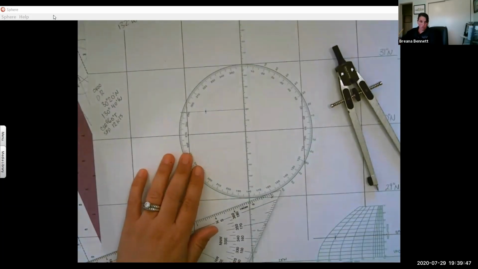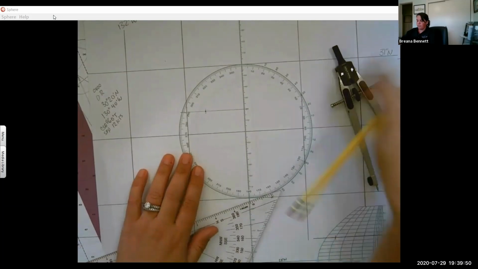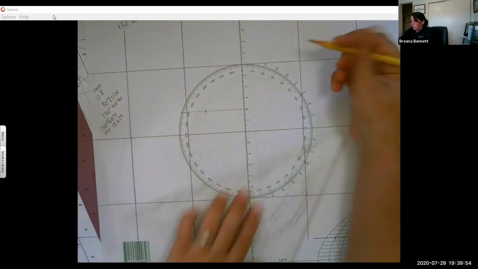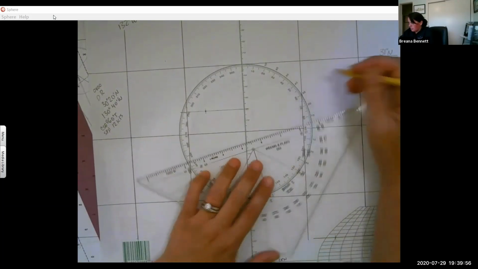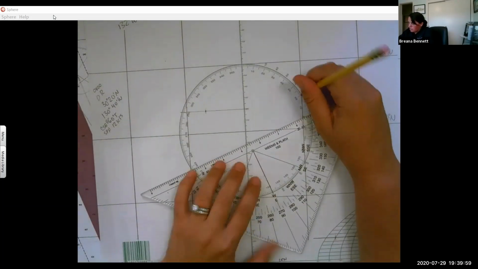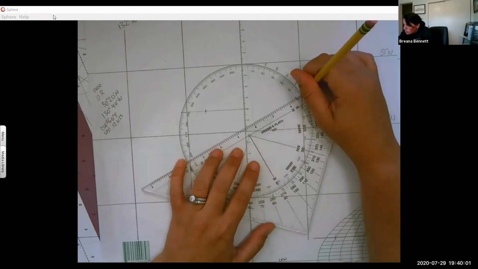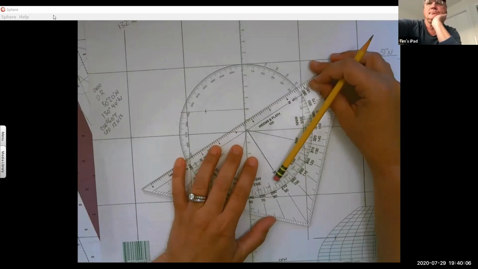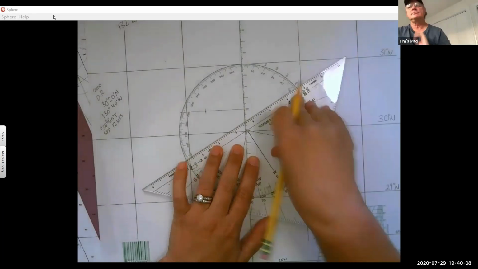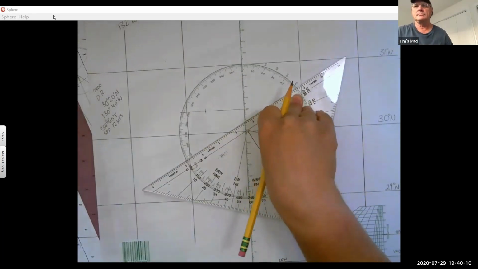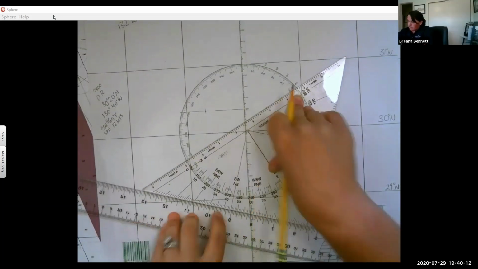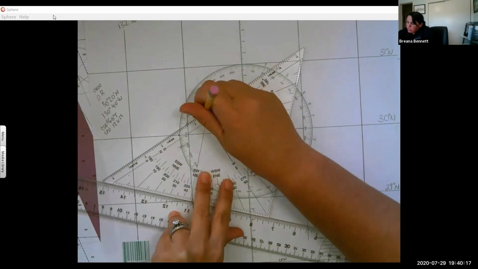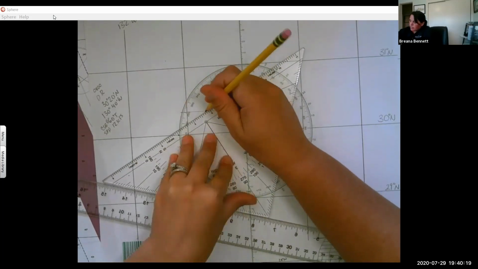Now I'm going to plot my course and then put a little symbol on it. My course was 060. So same as always, you can do 060 many different ways. I'm going to use the triangle. Okay, so I'll plot my line.